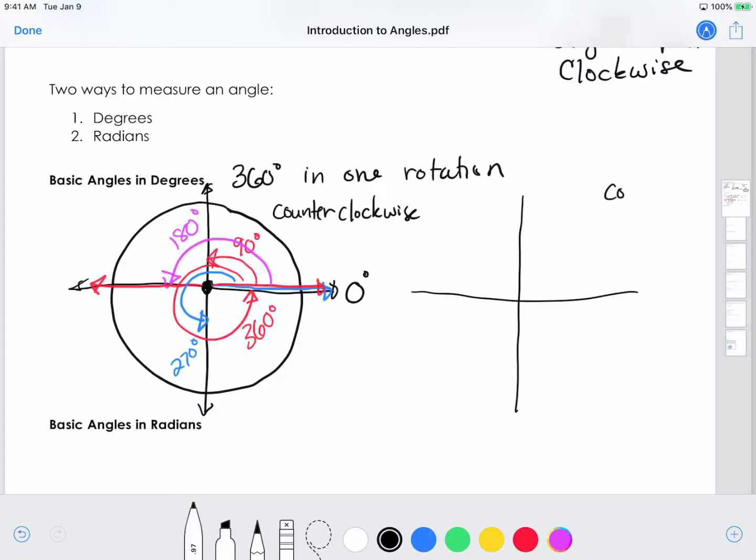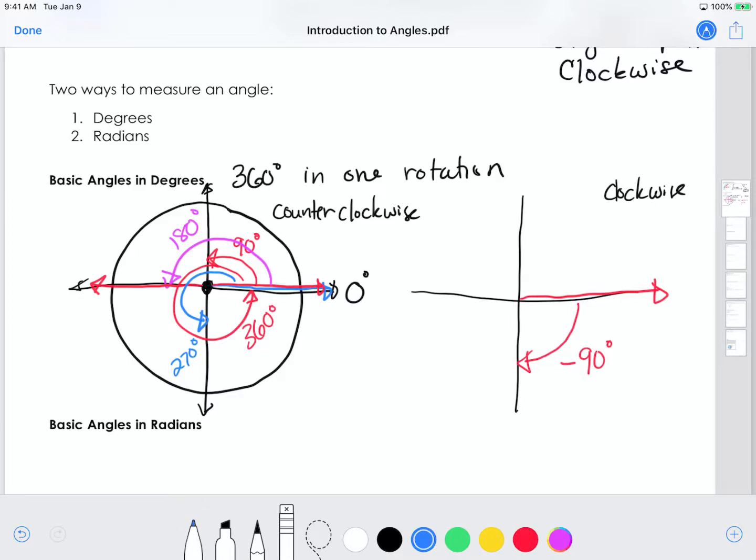So if I go in the clockwise direction, if I start at the positive x-axis and I swing open to the negative y-axis, I'm swinging open negative 90 degrees, whereas before when I opened in the counterclockwise direction and upwards to the positive y-axis, that's positive 90 degrees. So it doesn't mean you have negative angles. The negative and the positive just tells you which way you're swinging open with your angle.